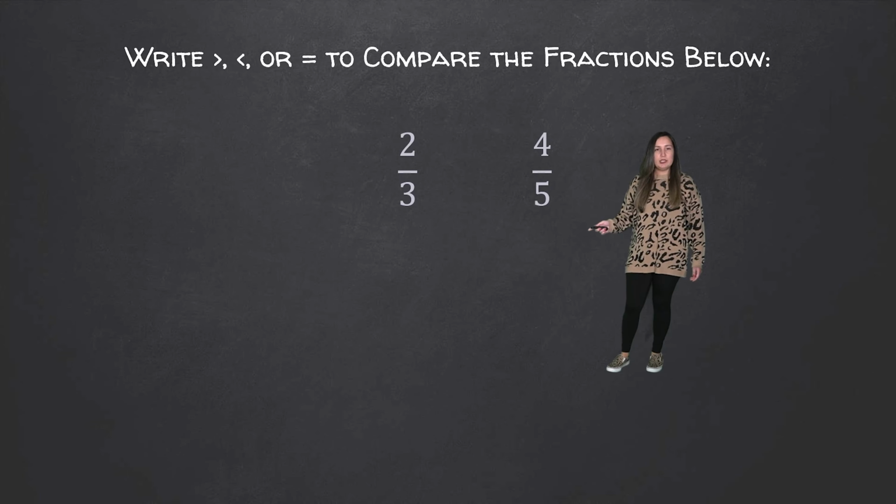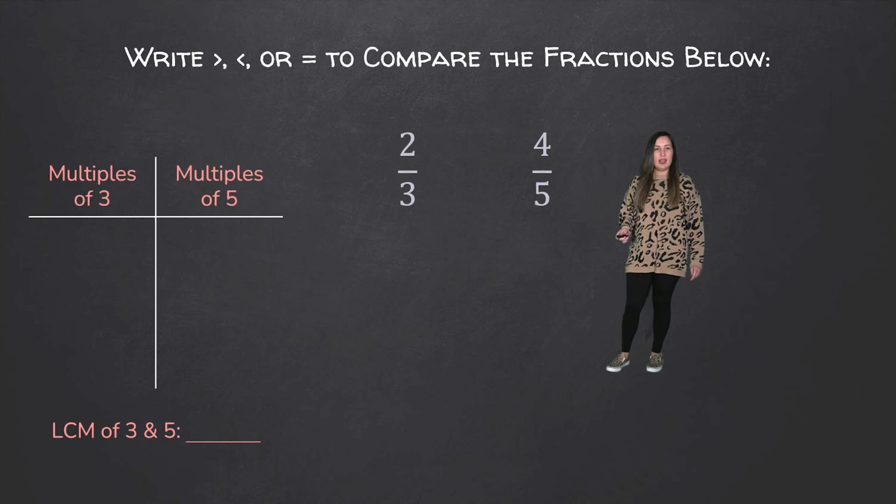And we are going to compare these two fractions, but in order to do so, we have to find equivalent fractions that have the same denominator to make it easier to compare, because 2/3 and 4/5 have different denominators. In order to do that, we have to find the least common multiple between 3 and 5. So the multiples of 3 are 3, 6, 9, 12, and 15.